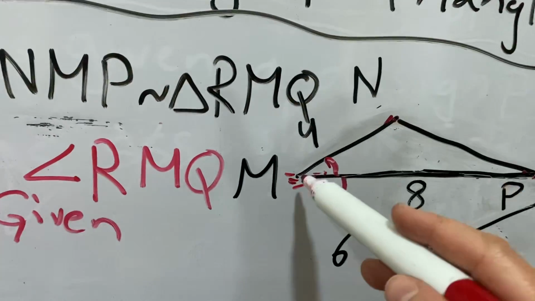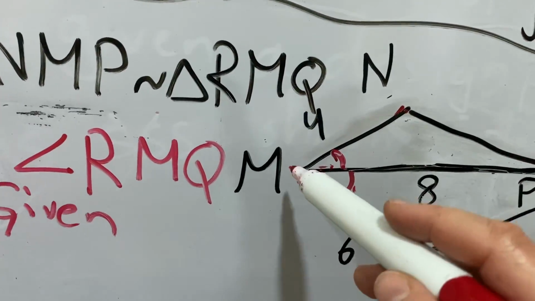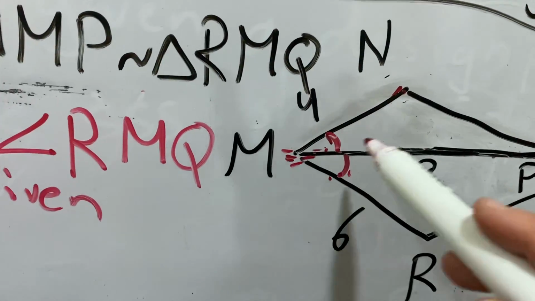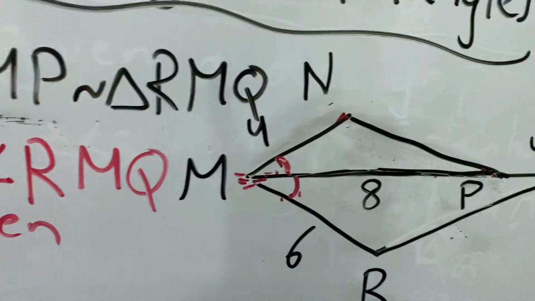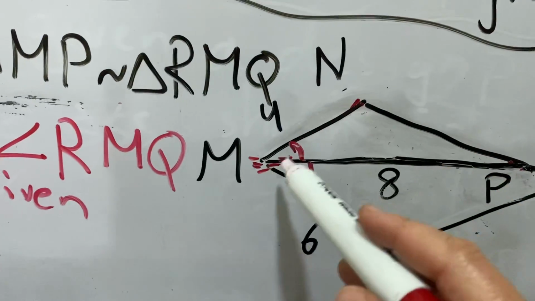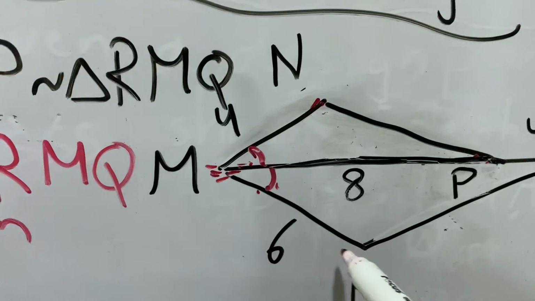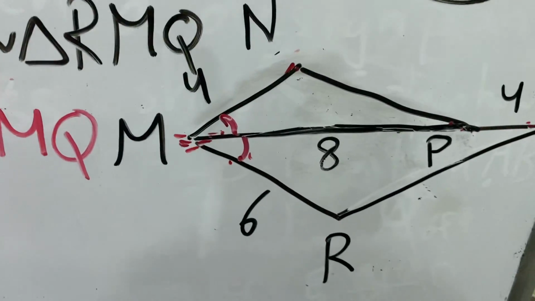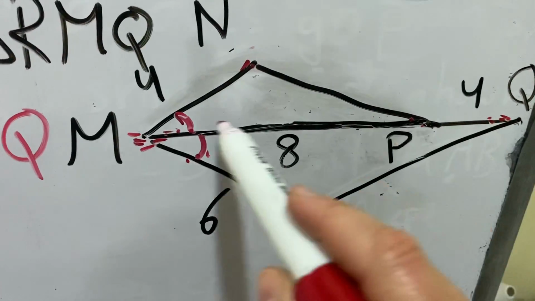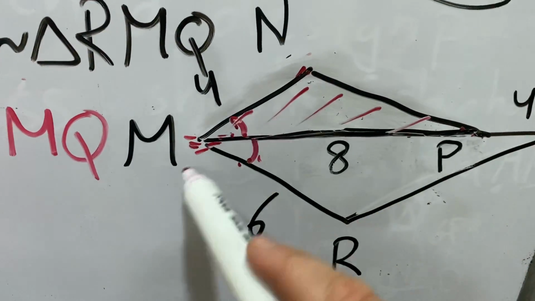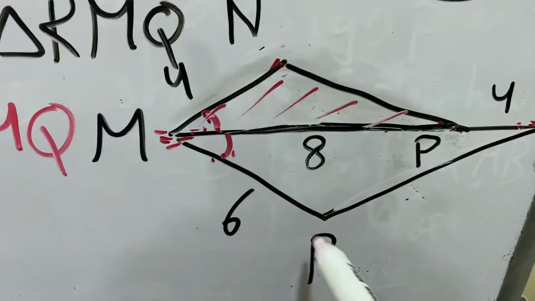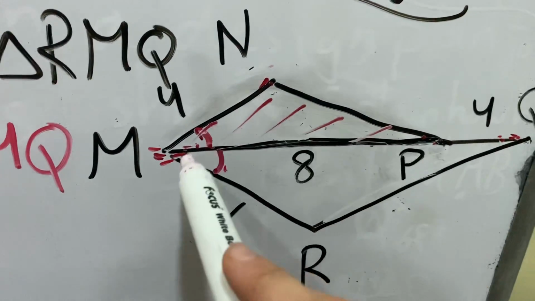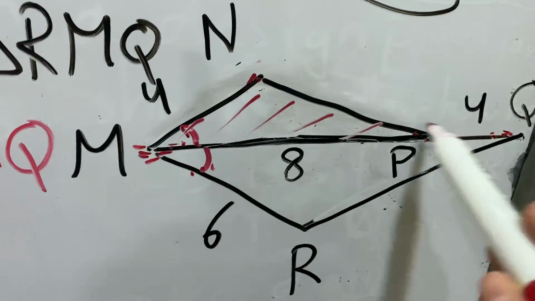Meaning if I take one side from here over the corresponding side from the other triangle, it equals one side from here over the corresponding side from the other triangle. So if I take 4 from the small triangle over 6, which corresponds to it, it should equal 8 from the small one over the whole thing, which is 12.